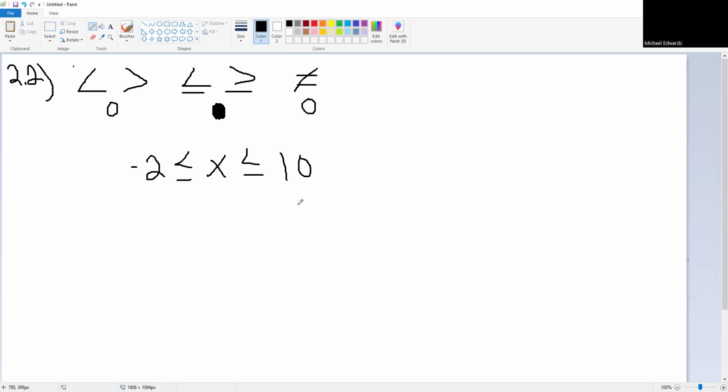You can look at this and know it. We can see it because these are closed, or bounded, and the others are open, or unbounded. So this has both closed, which means it's bounded.